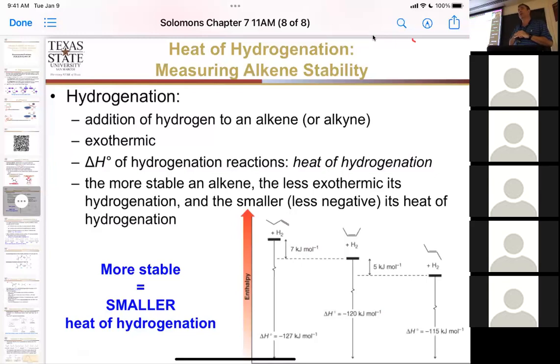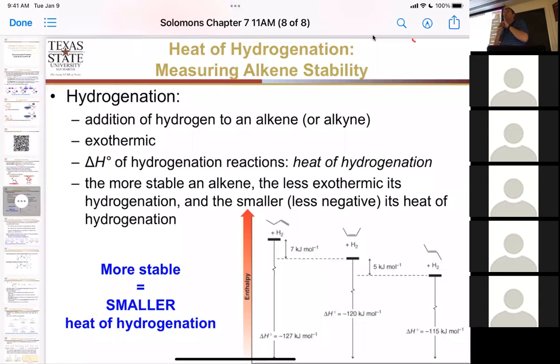Let's say you add hydrogen across the double bond and it only gives off 1 calorie. That was a pretty stable double bond. Now let's say you have another one and it gives off 10 calories. That means it gave off more energy, so it was less stable than the one that gave off 1.